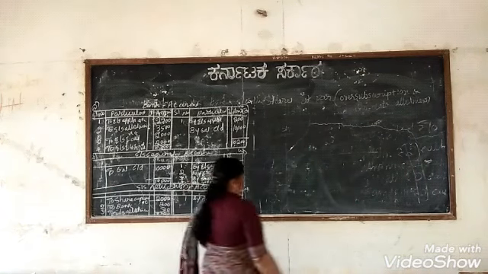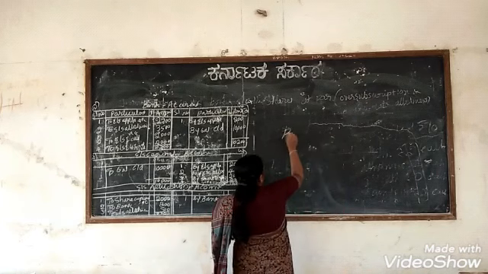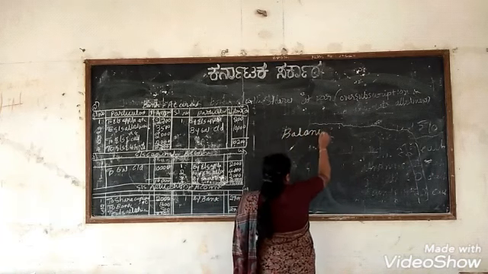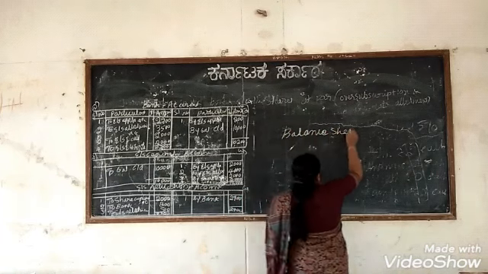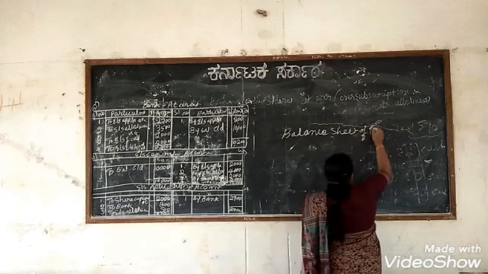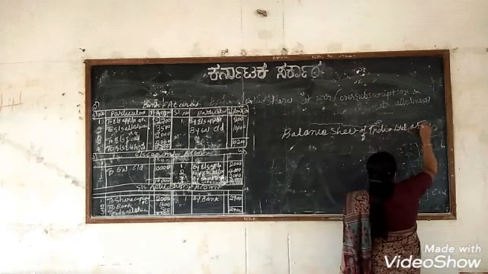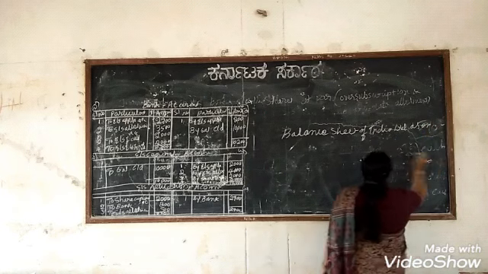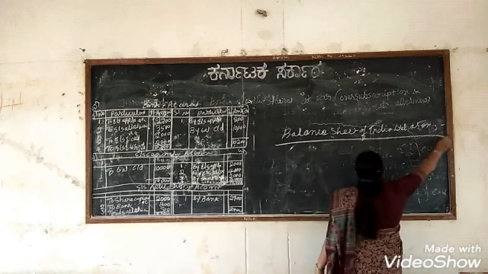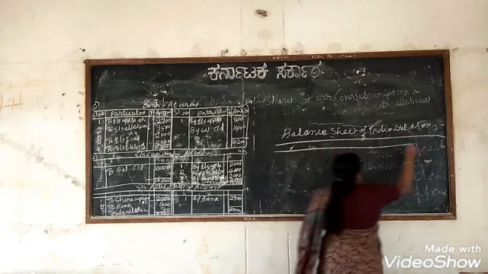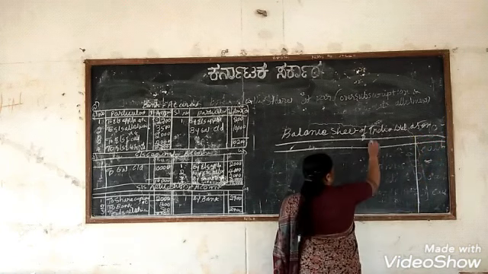How does it appear? Just see the balance sheet of India Limited as on a particular date. I just draw a few lines.